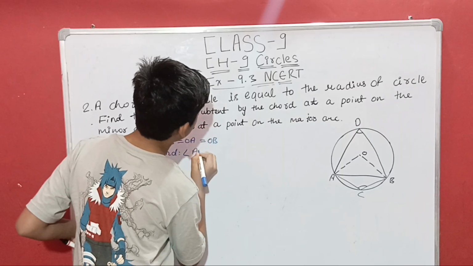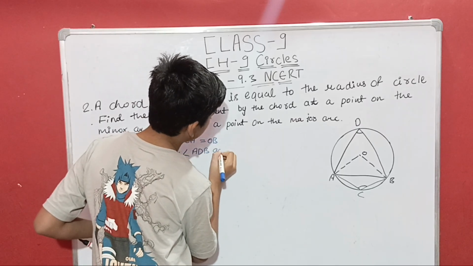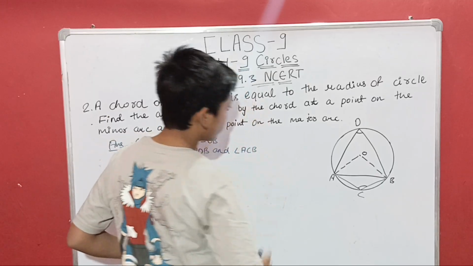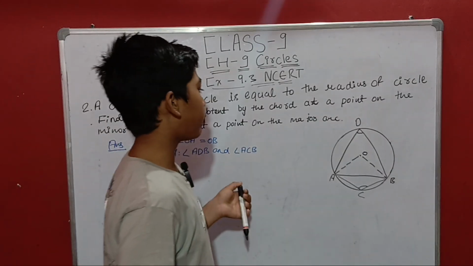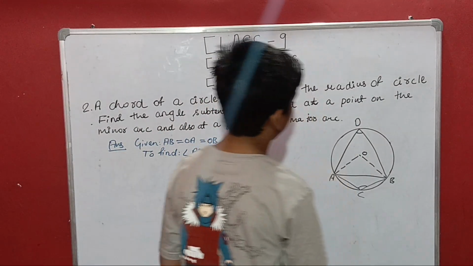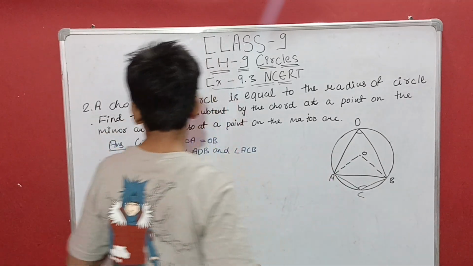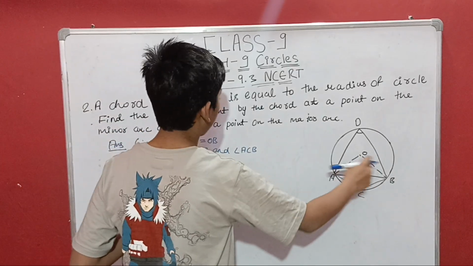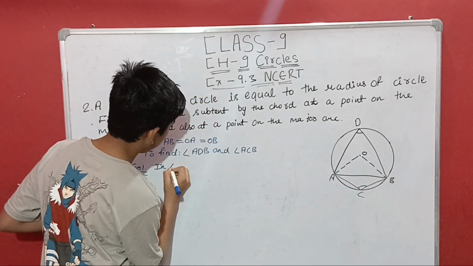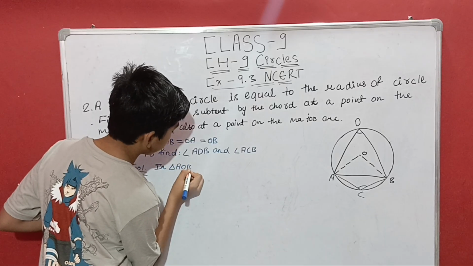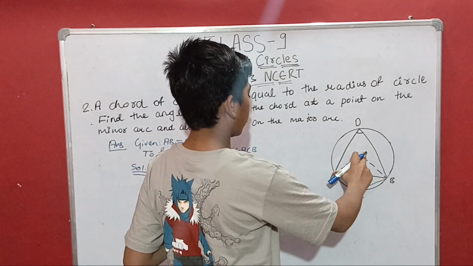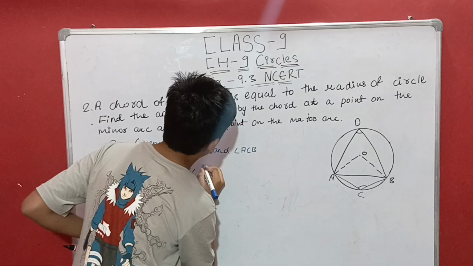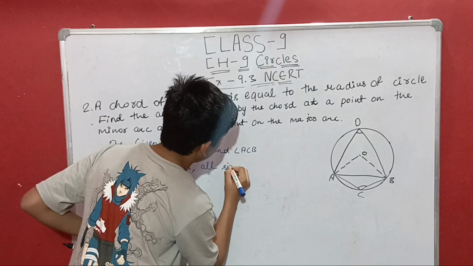Angle ADB and angle ACB. To find these angles, we first have to find the angles in this triangle. We know that in triangle AOB, this line segment is equal to this line segment is equal to this line segment, meaning all sides are equal.